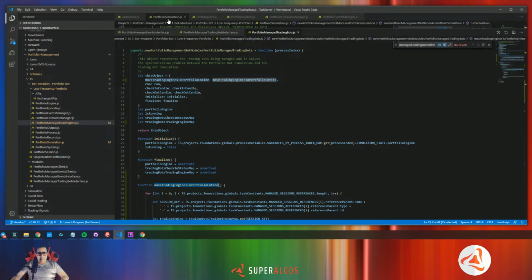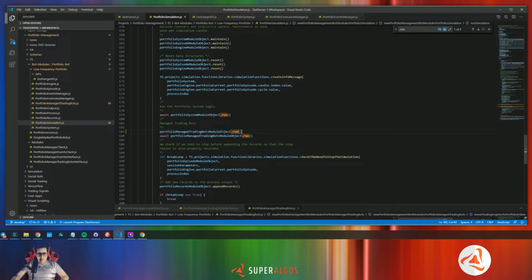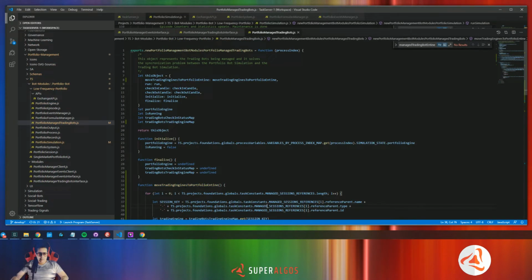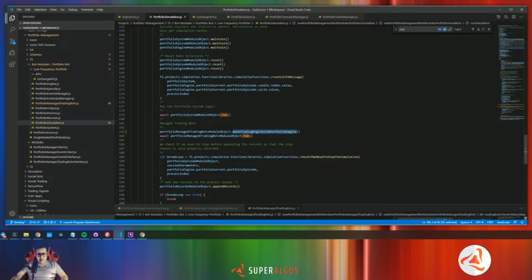Okay. We're going to move trading engines to portfolio engine. Okay, so now it's executed.